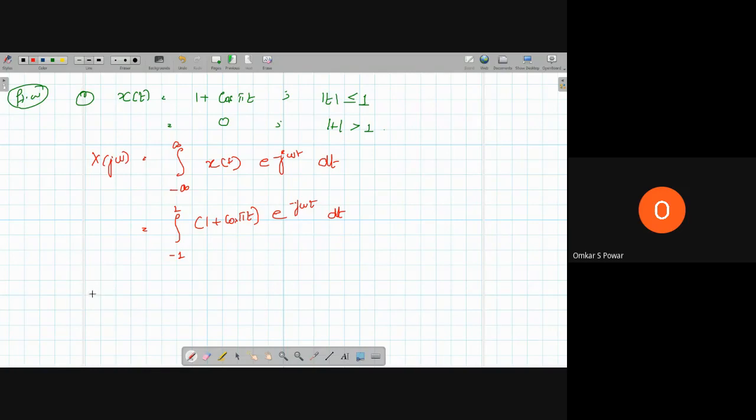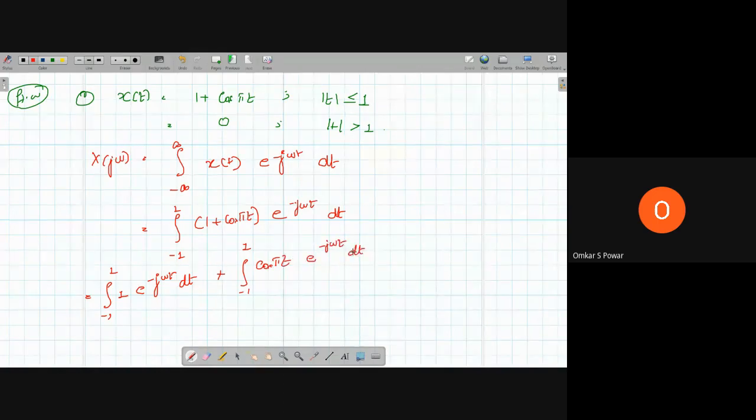So again, how can you simplify this one? Integral minus 1 to 1, 1 e power minus j omega t dt plus integral minus 1 to 1 cos pi t e power minus j omega t dt.